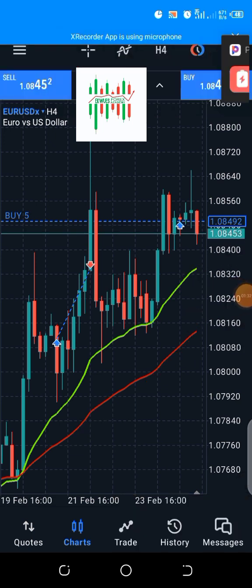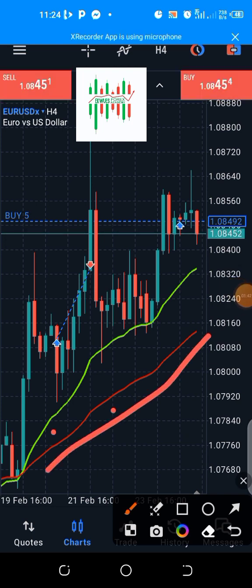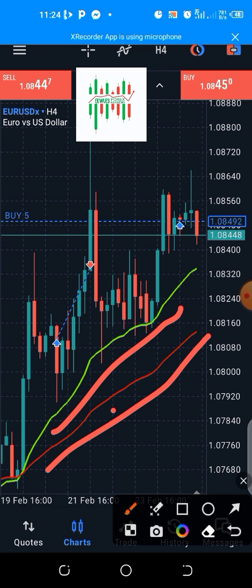Okay, sorry about that. Now your moving average has been set. This is the 50 EMA, and this is the 20. The 50 EMA is known for a strong resistance, while the 20 is known for a weak resistance.